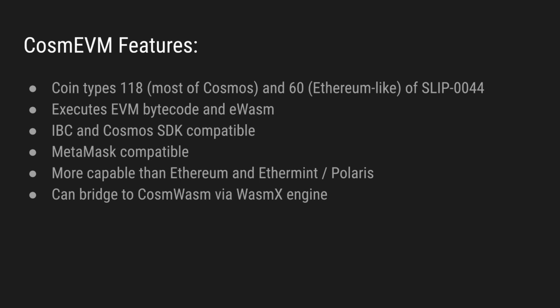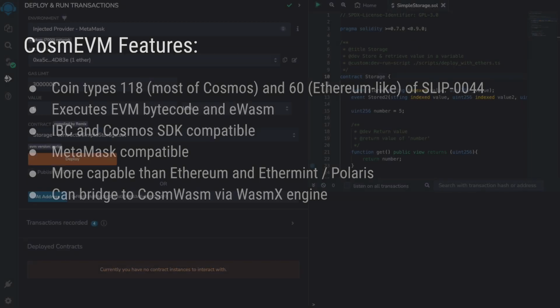And it only supported Cosmos wallets, such as Keplr. But we are now supporting Ethereum's coin type 60 for addresses and Ethereum compatible signatures. And this means that you can use MetaMask or any Ethereum wallet to interact with Mythos.